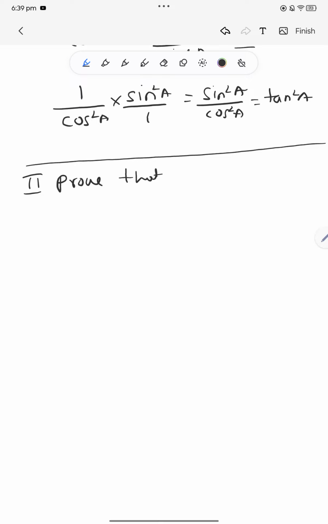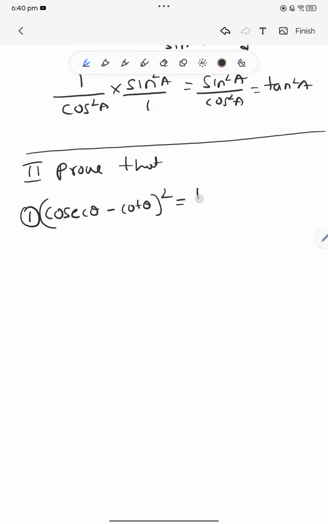First question: (cosecant theta minus cot theta) whole square is equal to (1 minus cos theta) divided by (1 plus cos theta).